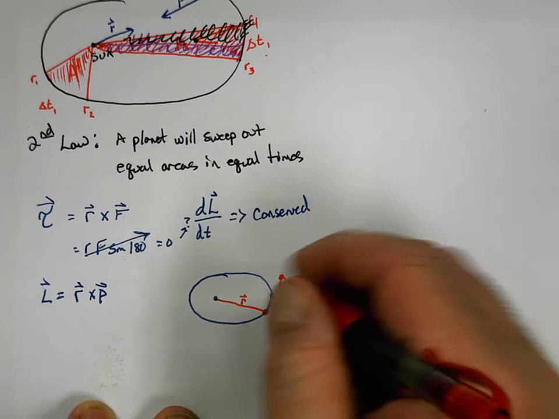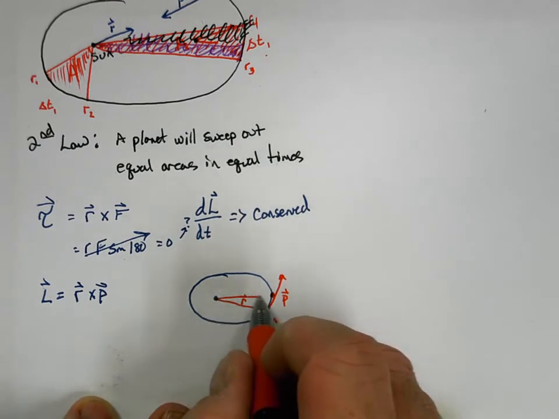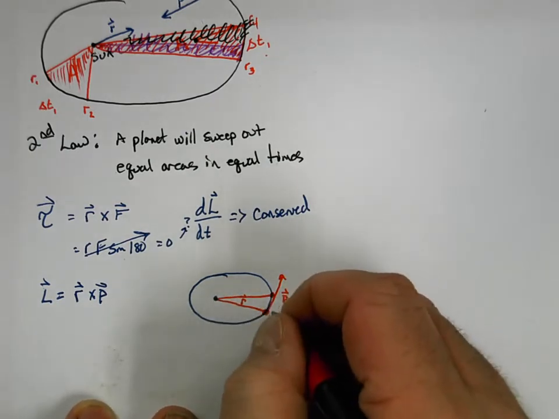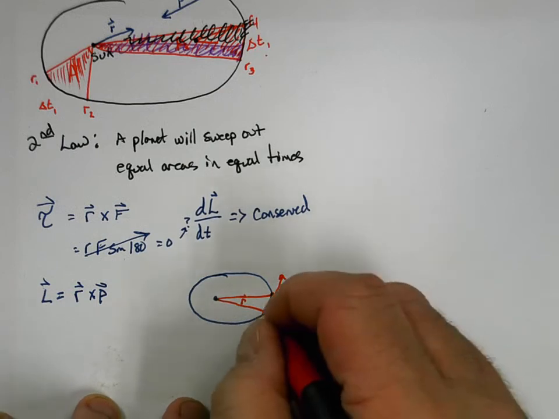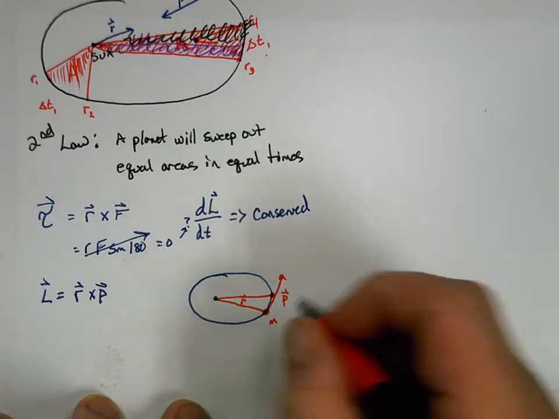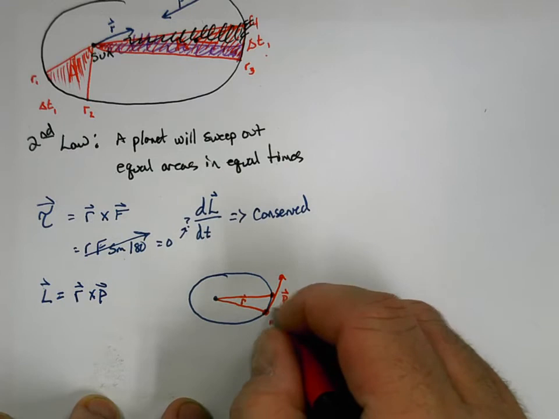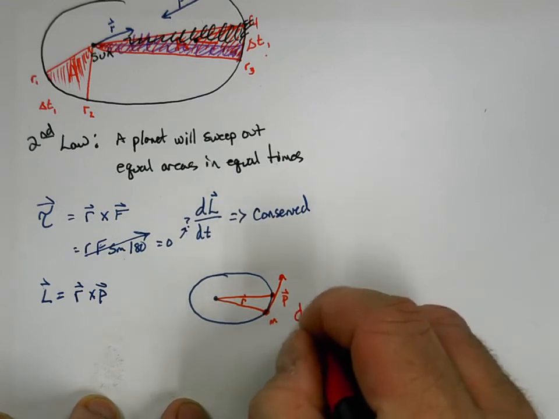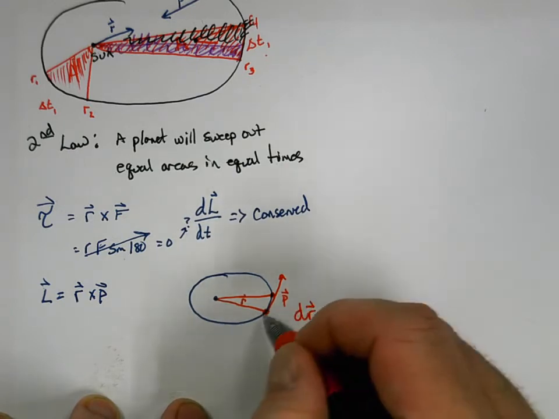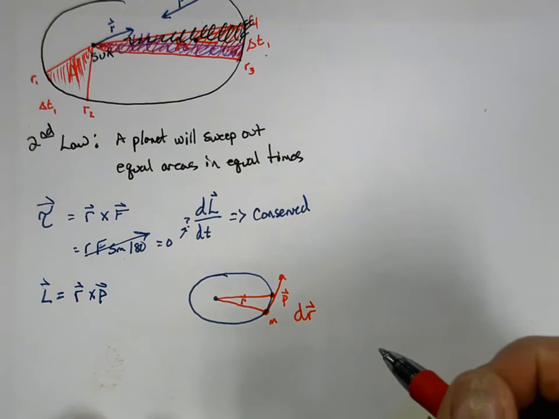But if this is really, really small, if this becomes a slight change, then the arc length actually equals dr, particularly if we're doing this in radians. So for a very small change, this arc length here equals dr.